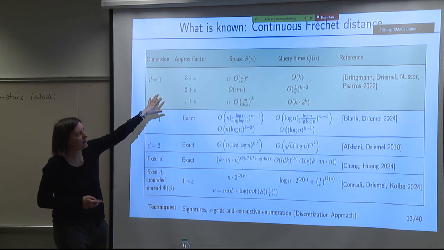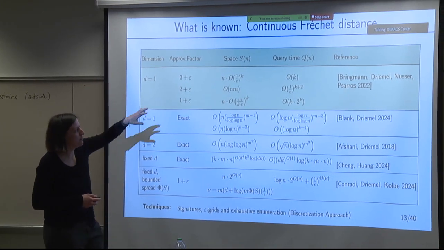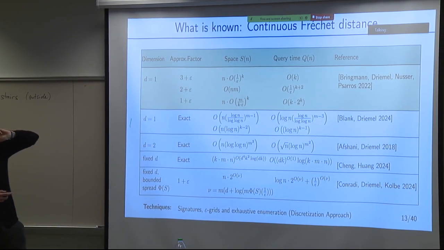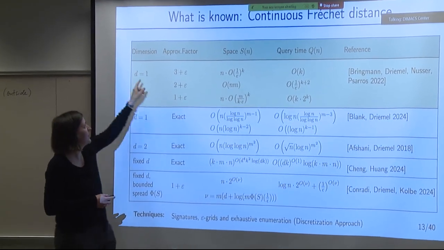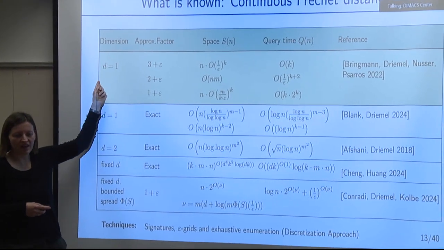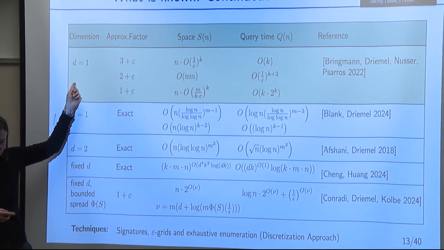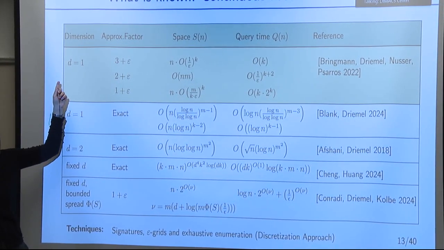In this work with Driemel, Nusa, and Charos, we also get an approximation factor of 1/epsilon. This is the ambient dimension. So these are curves that go back and forth on the line.